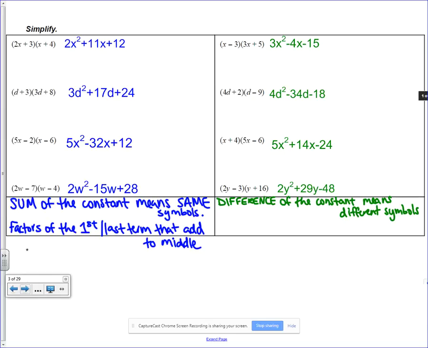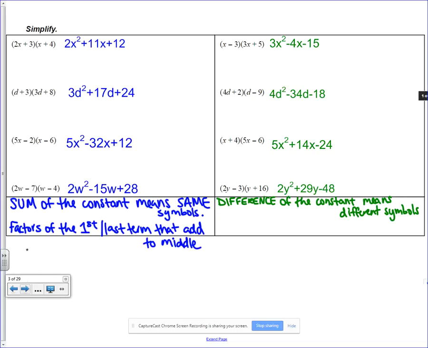Now, because this does not start with a 1, we do factors of the first and last term. So for this bottom one here, I've got a 2 and I've got a 28. What is 2 times 28? 56. So I'm going to need factors of 56 that would add to 15.